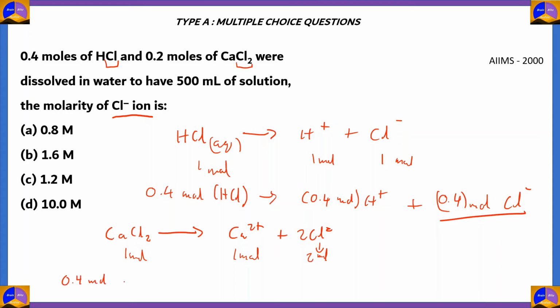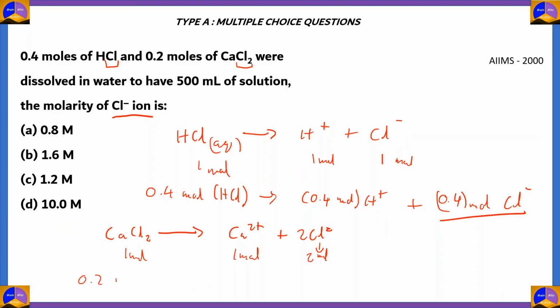So 0.4 moles of CaCl2 gives 0.4 moles of Ca2+, not 0.4 because it's given as 0.2. So let's redo it because this statement is incorrect. Let's start again. It's given 0.2 moles of CaCl2.